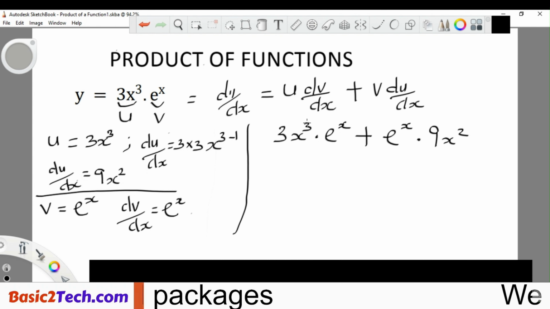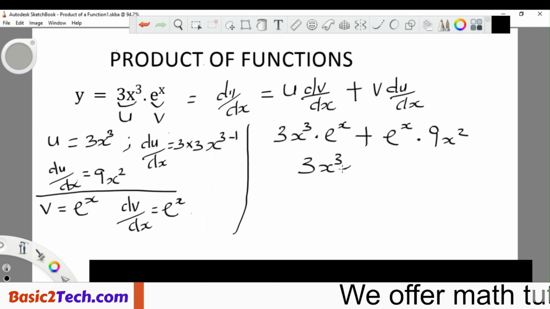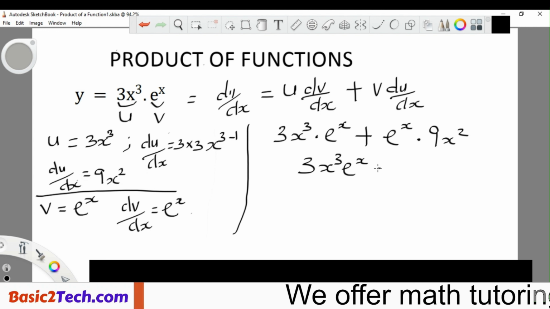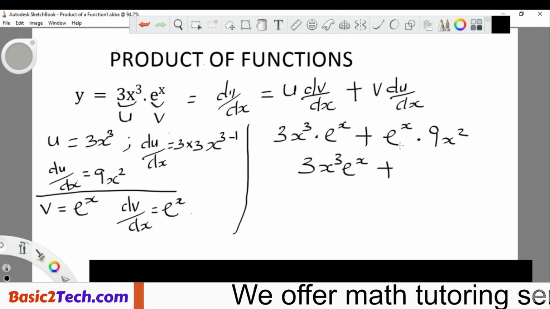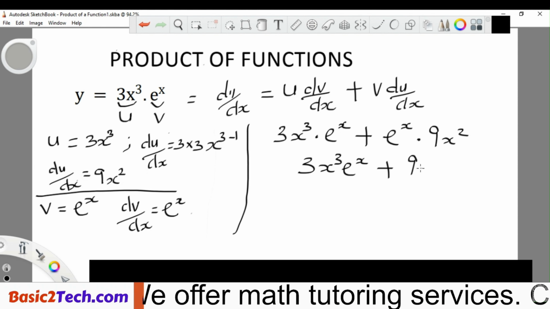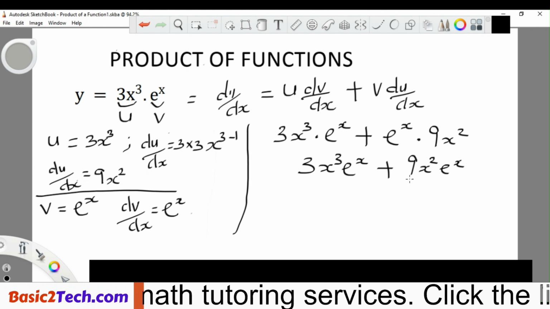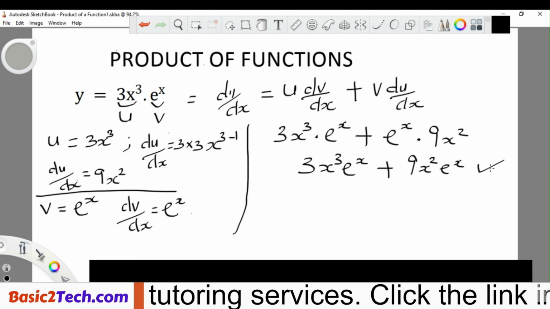So 3x cubed times exponential x gives us 3x cubed exponential x, plus exponential x times 9x squared will give us 9x squared exponential x. So this is our answer.